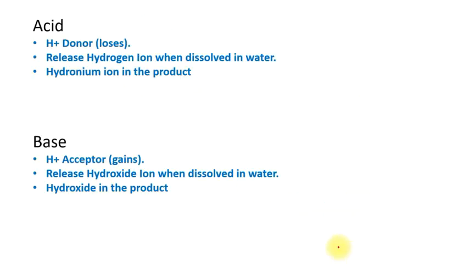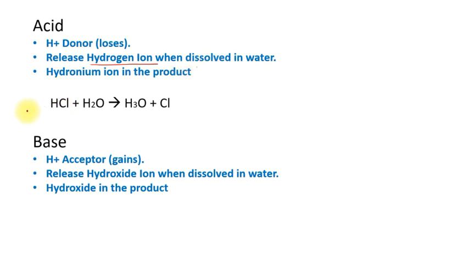So let's compare them again. So an acid is a hydrogen ion donor. It releases hydrogen ions when dissolved in water, and you'll see a hydronium ion in the product. That's the H3O. So here's hydrochloric acid. This is just an example, it could be any acid.